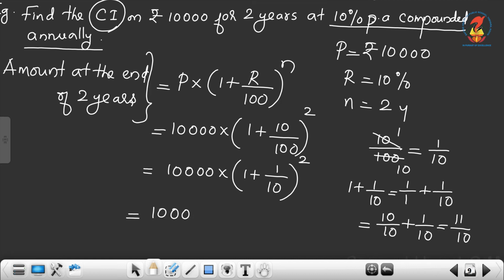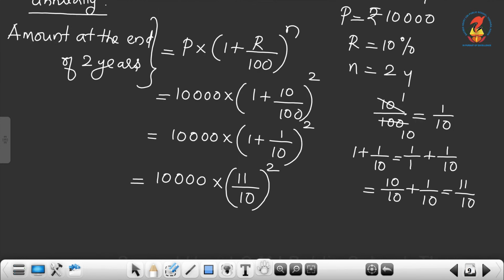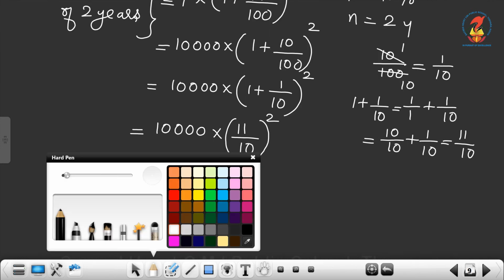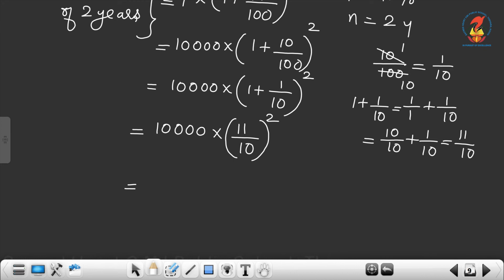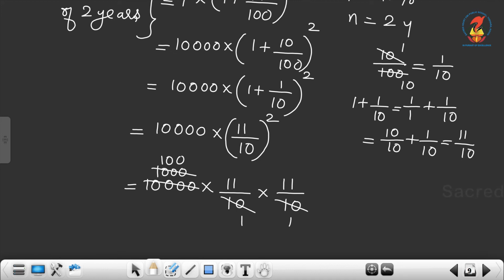So 10,000 into 11 by 10 the whole square, 11 by 10 in bracket. Which is equal to 10,000 into 11 by 10 into 11 by 10. Now we can cancel with the 10, so you will get 1000, again with the 10, so we will get 100.